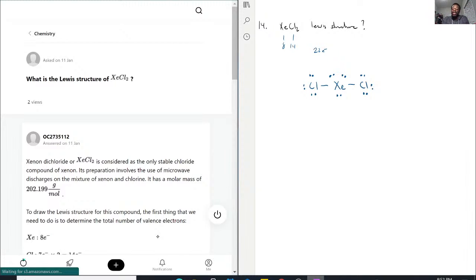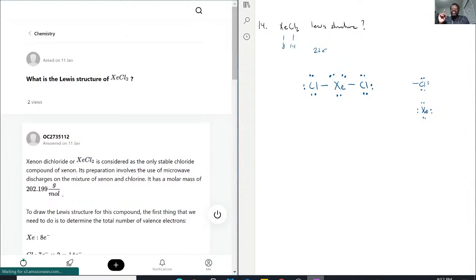Do these abide by a formal charge of 0? So chlorine, for it to have a 0 formal charge, likes to have 3 lone pairs and 1 bond, which is what each chlorine has. The xenon, on the other hand, likes to have, unfortunately, 4 lone pairs, 0 bonds. So then how can we compare these two?